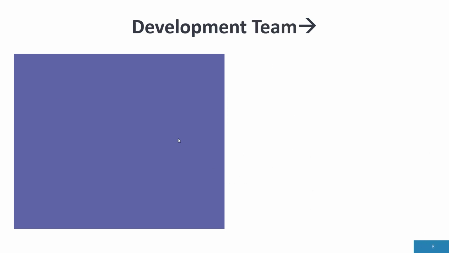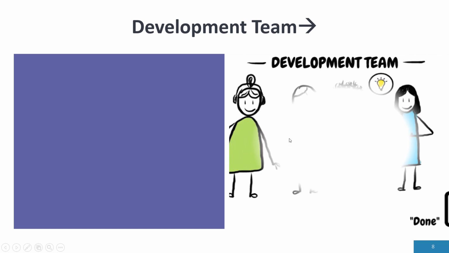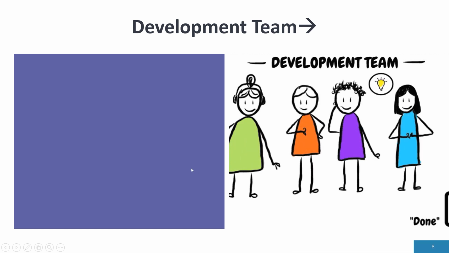Then we will discuss development team. Development team derives the task for every story. They prioritize which story to build fast and which story to build later in the sprint. So they prioritize the tasks: which we need to build faster and deliver as soon as possible, and which we can build a little later.